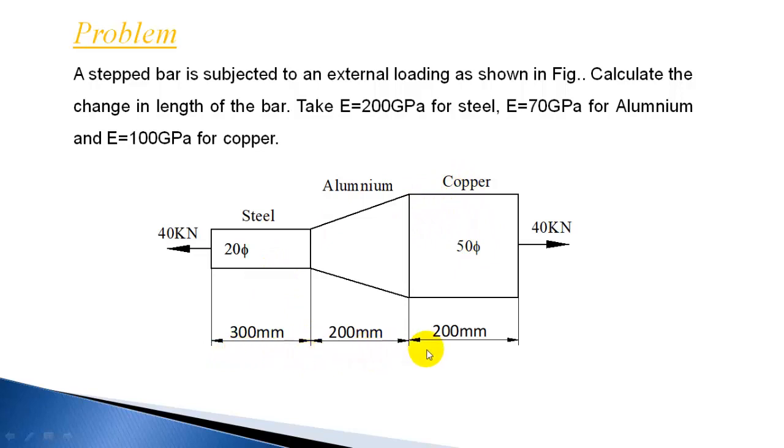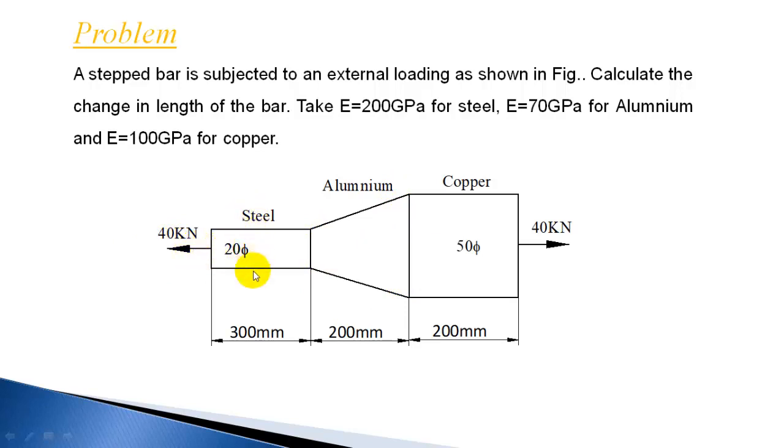Lengths are 300, 200 and 200. Here the diameter is 20, so this end of the aluminum rod is 20 mm diameter and the other end is 50 mm diameter. So in the aluminum portion, the diameter is varying from 20 to 50 mm.